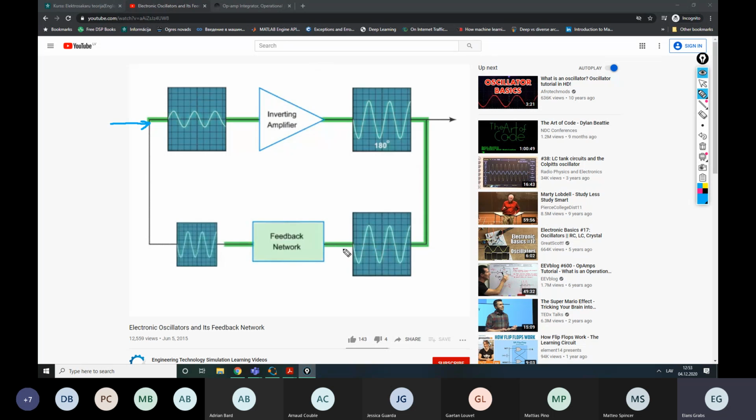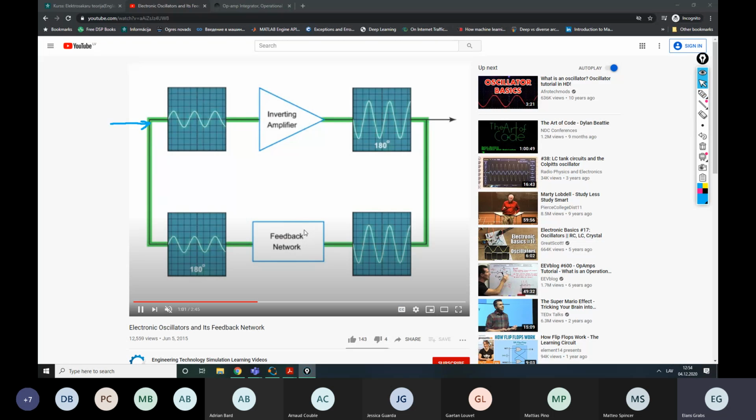Then this feedback network needs to change the signal phase by another 180 degrees, and it circulates again and again, right? So the idea is quite simple. We are trying to maintain the signal, and that's where we make that signal reusable, let's say. And this is the basic idea of how a generator works.